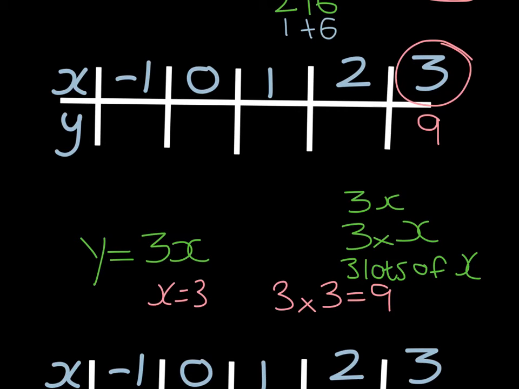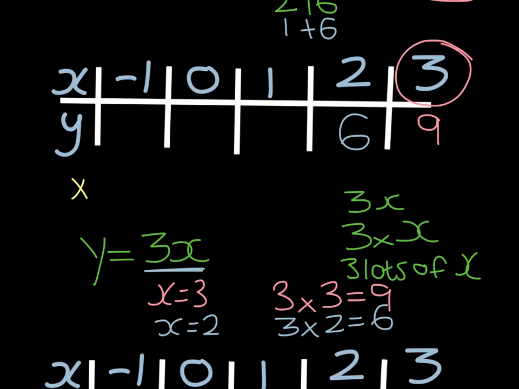If I pick x is 2, I need to do 3 lots of the x coordinate, so 3 lots of 2. And that's going to give me 6. If x equals 1, I need to do 3 lots of 1, and I get 3.